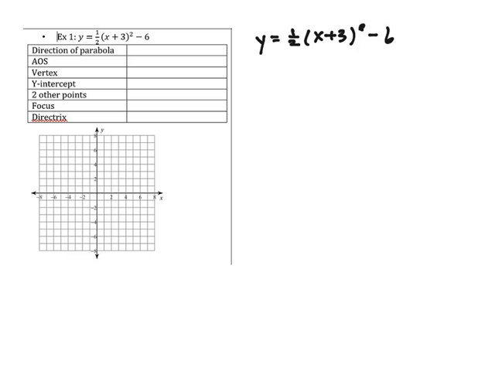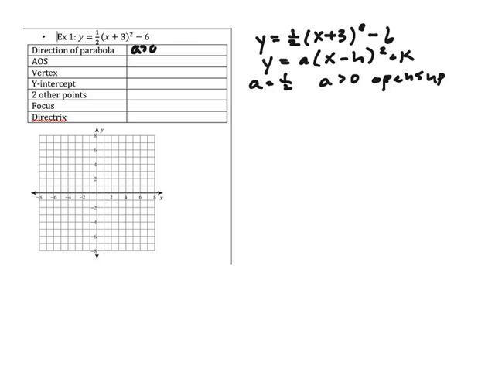We can rewrite our vertex form as this, with plus. So we can identify a as being 1/2. A is greater than 0, so it opens up.